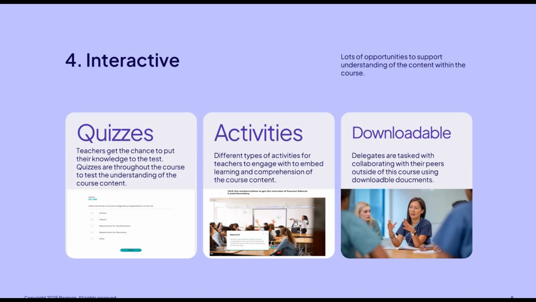We then have accordions, tabs, scenarios that you have to click through. It just gives the content more life. So you are engaging with the content, you're having to work through it to get to the next piece of content. And then we finally have downloadable assets that you can work with your peers or by yourselves to complete. As I mentioned before, they're the action plans, but we've also got some other downloadable assets that you can work with.